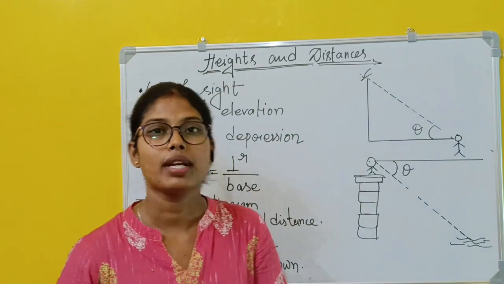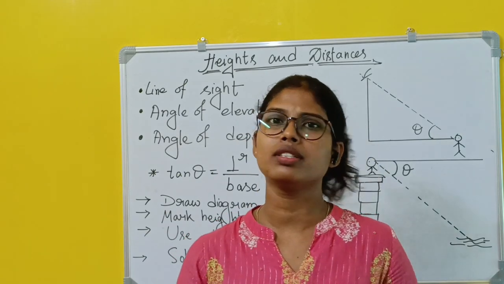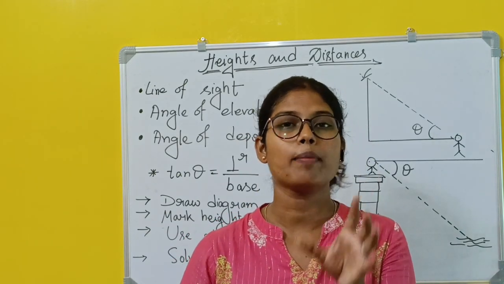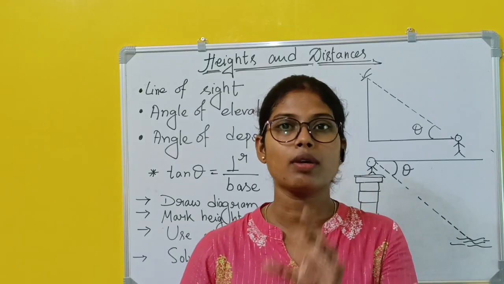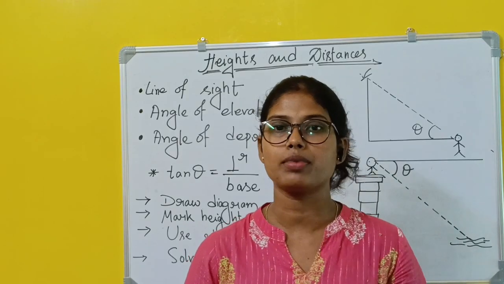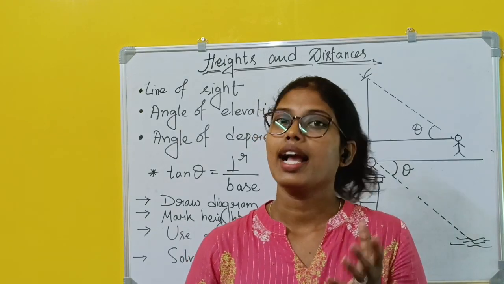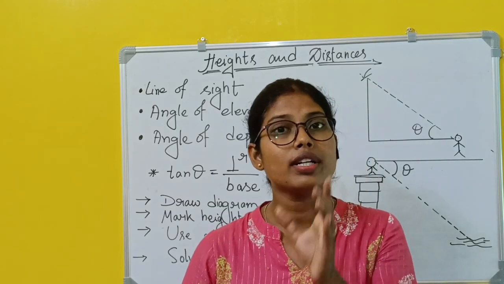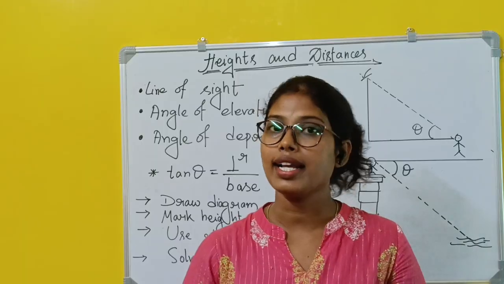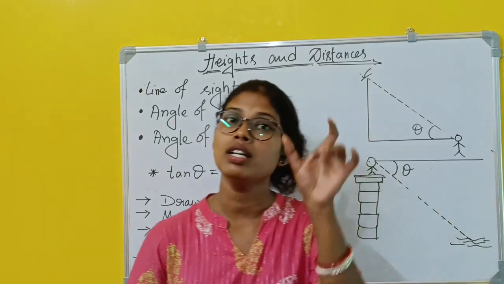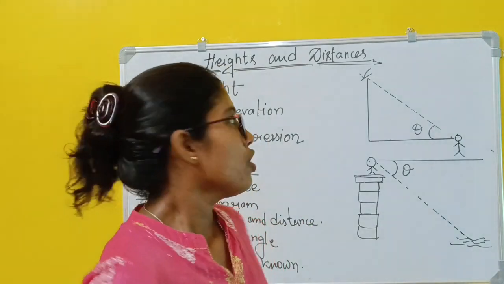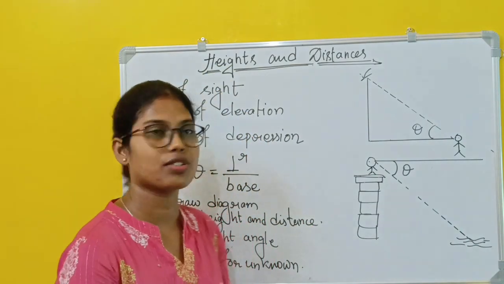You have to make a clear concept of the basic keywords of this chapter, like line of sight, angle of elevation, angle of depression, and the things you already learned, that is the trigonometric identities as well as the standard values of trigonometric functions. So let's begin with today's lecture.